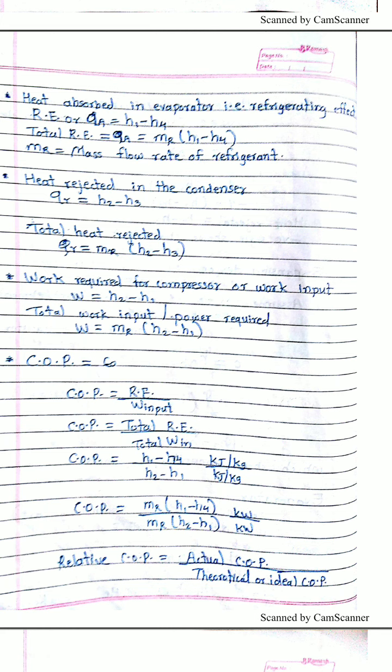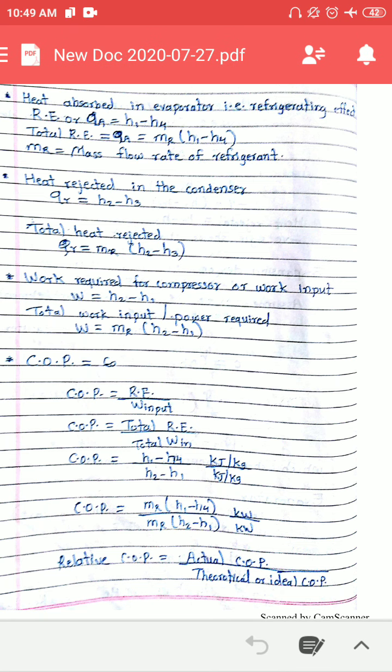But if the mass flow rate for the evaporator and for the compressor is different, suppose some amount of mass flow rate is adjusted, at that time you have to use the formula COP is equal to MR into (H1 minus H4) divided by MR into (H2 minus H1).